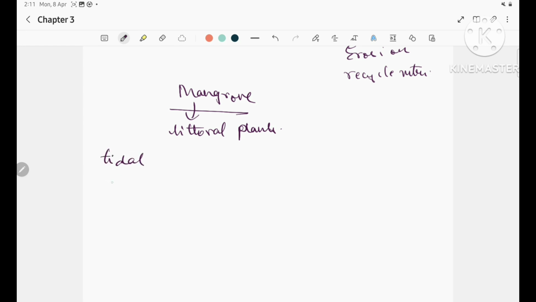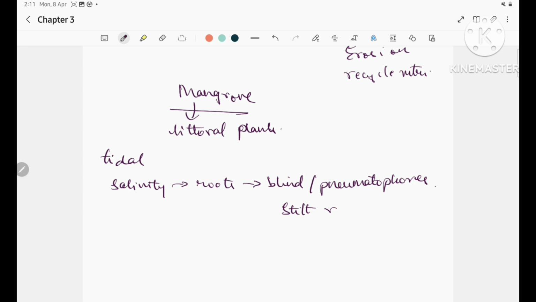They have high adaptation to salinity, that is, they have special roots called blind roots or pneumatophores, also stilt roots, so the roots can respire as well, and they have special types of leaves for water conservation. So mangroves are very important in terms of biological diversity.